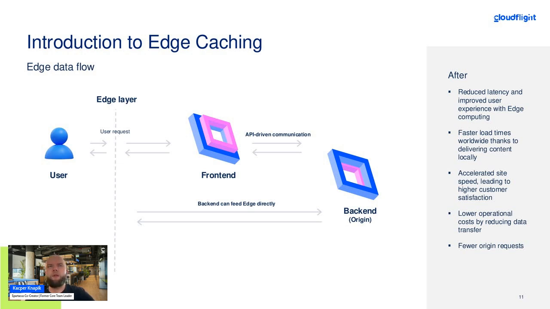And so with this approach, the timings are way lower. So everything is faster, basically. The responses come faster to the user because the edge is located closer than the server, potentially, because edge is spread on different data centers.